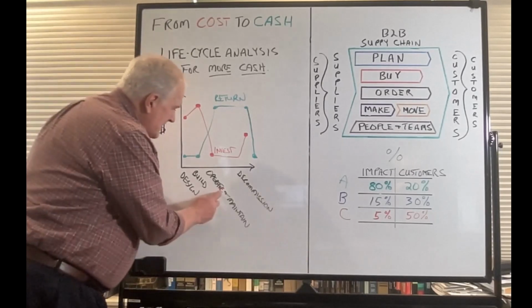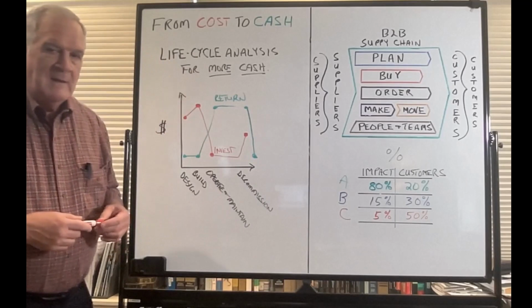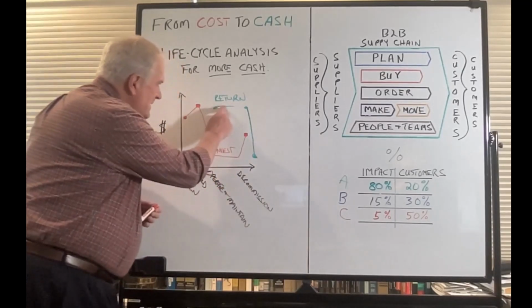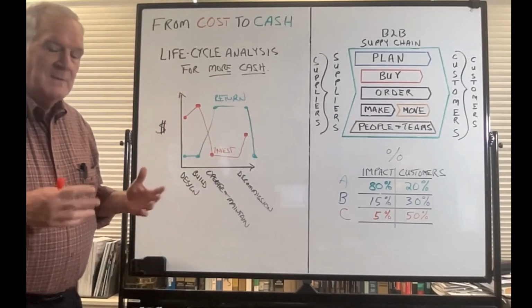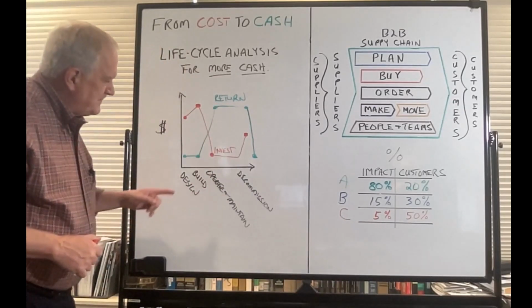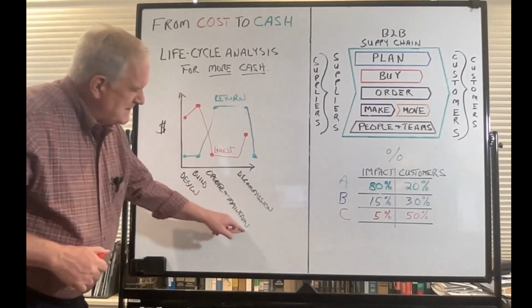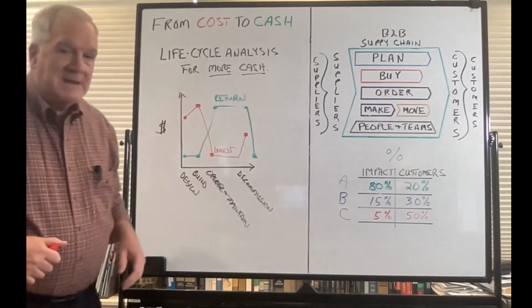So they had to recognize they really are shifted now strictly into the operate and maintain phase, and they had to reduce the investment there in order to generate the highest return that they could in competing with these other energy sources. So we started to run everything through, every project, every work request, etc., went through an operate and maintain filter.